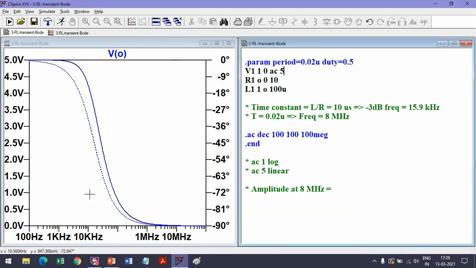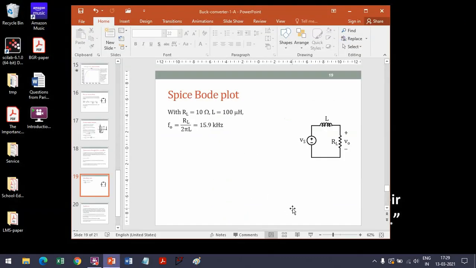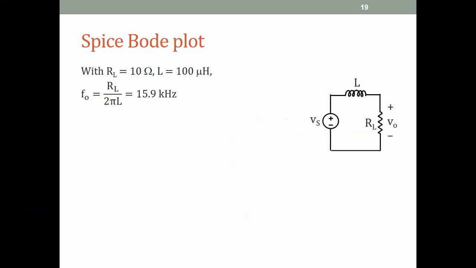So again, basically arriving at the same result from a different angle. So this is our basic DC to DC converter if Vs is a square wave of a high frequency.